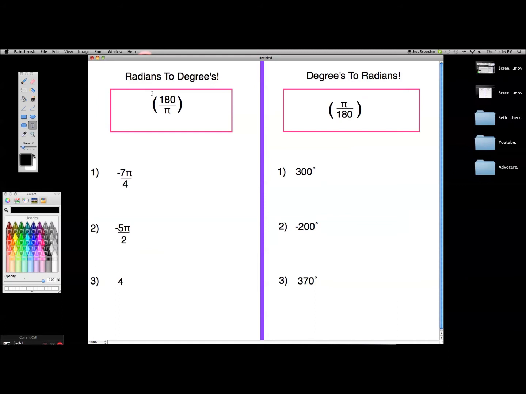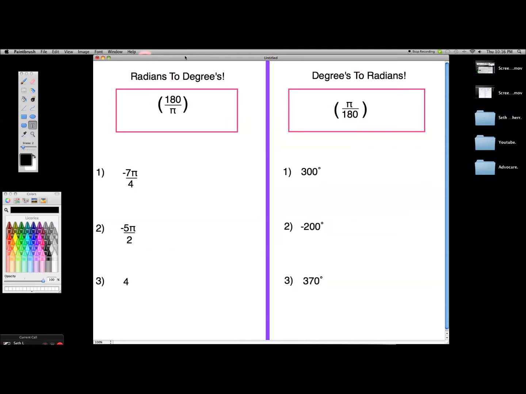And so let's start off with our first example, which is negative 7 pi over 4. So we're going to multiply that by our formula, which is 180 over pi. And you just multiply across.